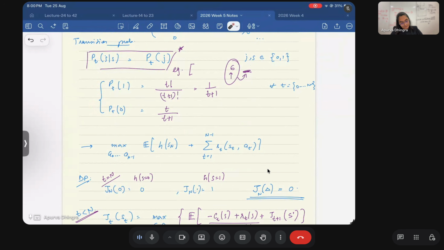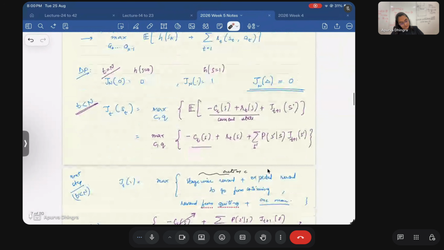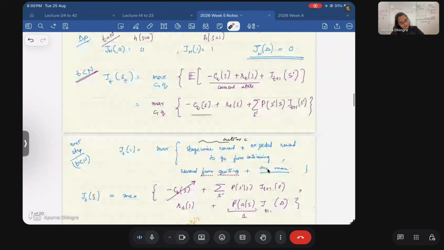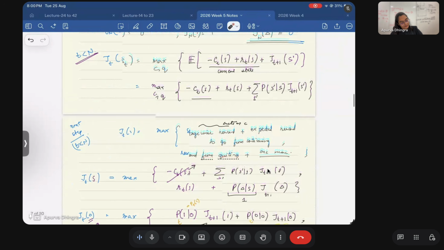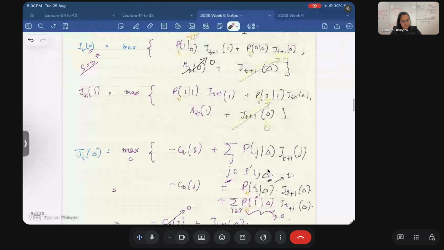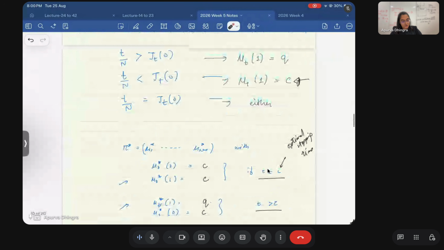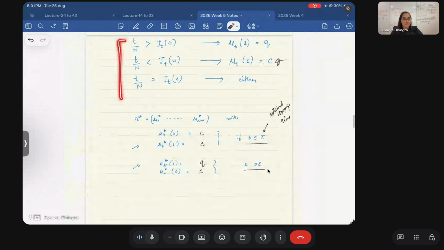Okay, next step that we did is to maximize this objective. In the process of maximizing, we used DP. And we wrote down what is the expected cost carefully by looking at the transition probabilities, taking the expectation of J t plus 1, and we did the whole process, and we managed to simplify it to reach a set of rules.